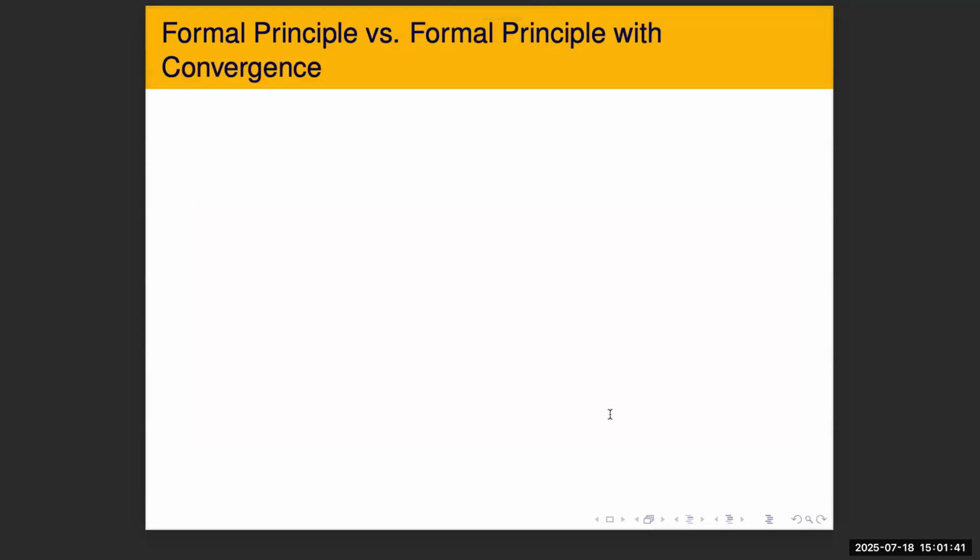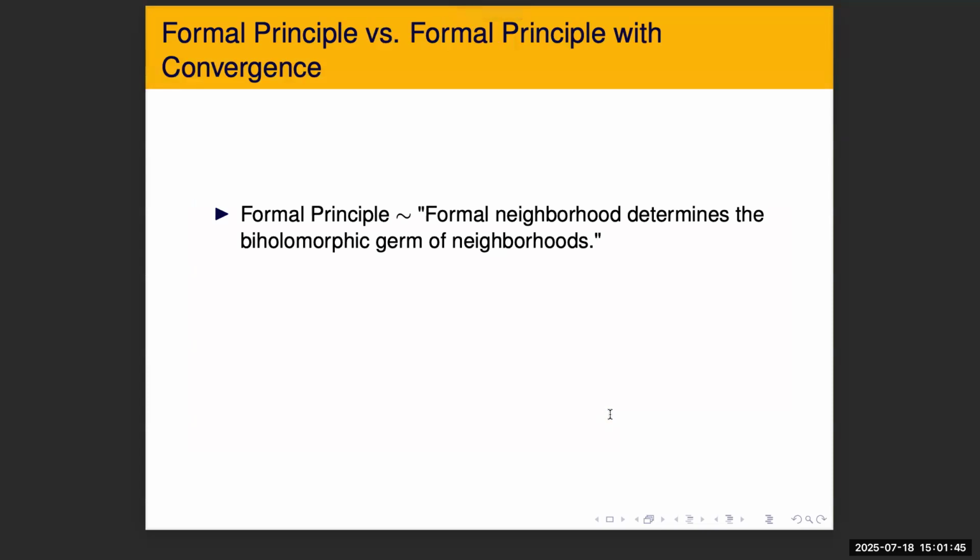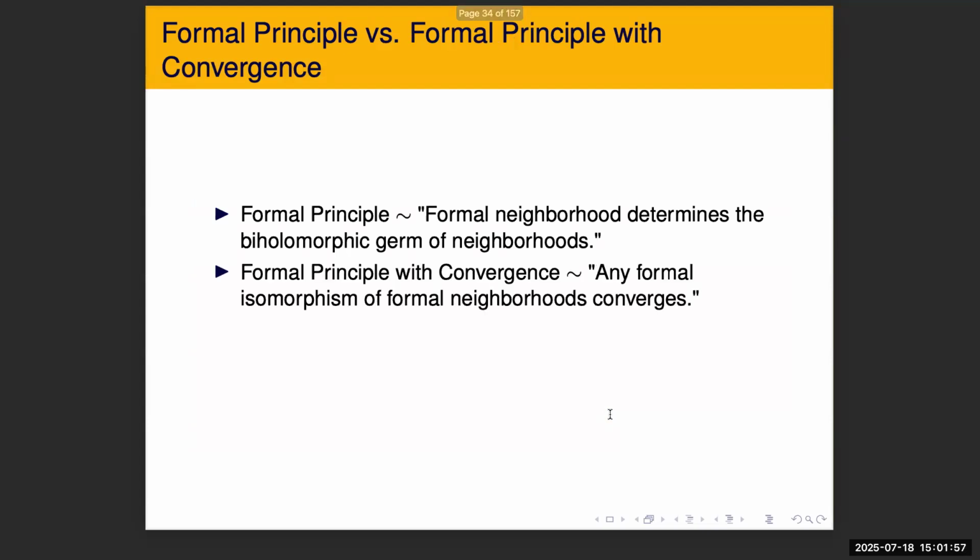So roughly speaking, the formal principle means that a formal neighborhood determines the biholomorphic germ of the neighborhood. On the other hand, the formal principle with convergence roughly says that any formal isomorphism of a formal neighborhood converges.